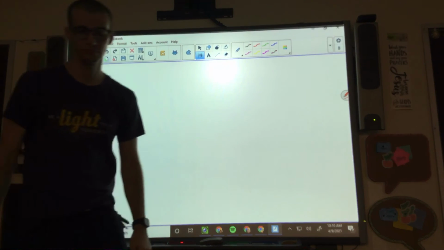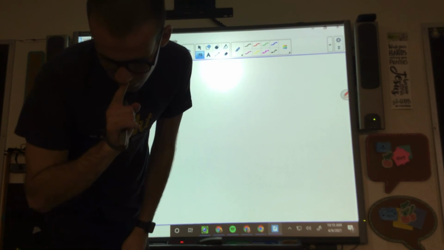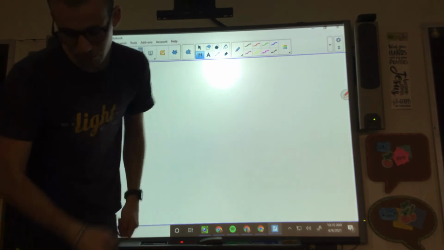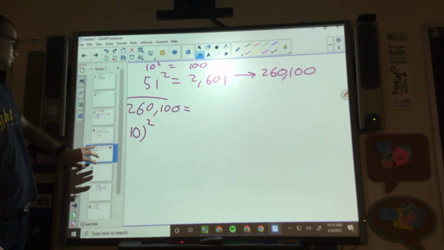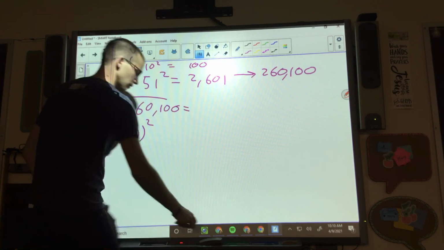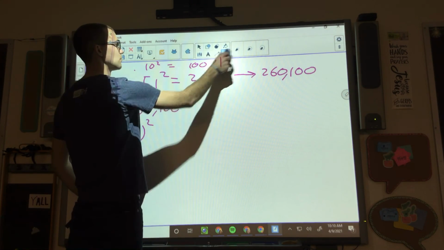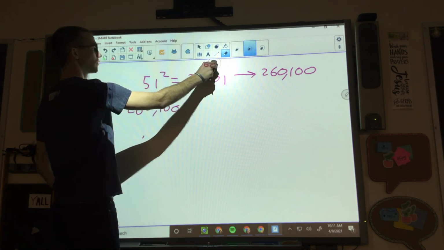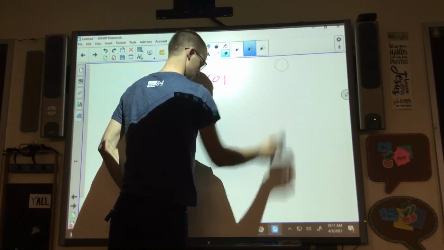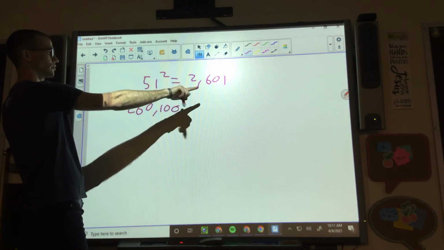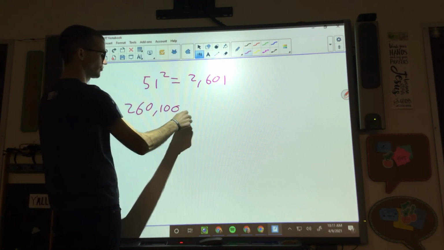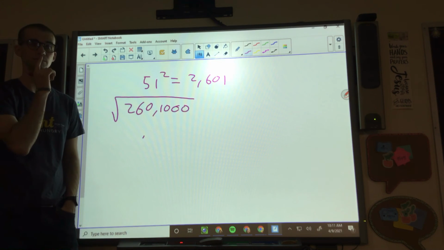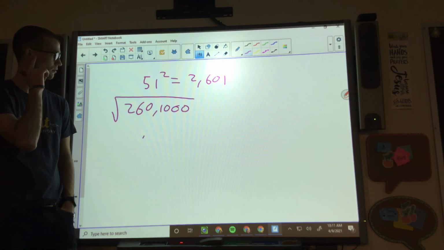Let's look at an example. Not a good example here. Let's use the exact same one. Okay, so it says 51 squared equals this. Let's say that this equals this, and you're now trying to find the square root of what?